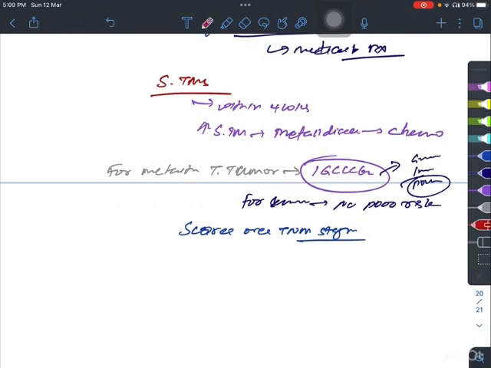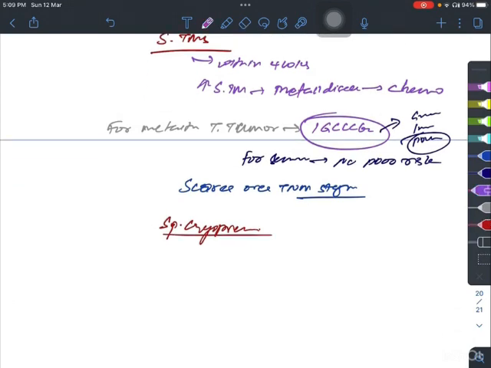Coming to sperm cryopreservation. All patients who are going for chemotherapy, radiotherapy or retroperitoneal node dissection should have sperm cryopreservation. 52% of testicular carcinoma cases have oligospermia, and 10% of the cases have azoospermia.